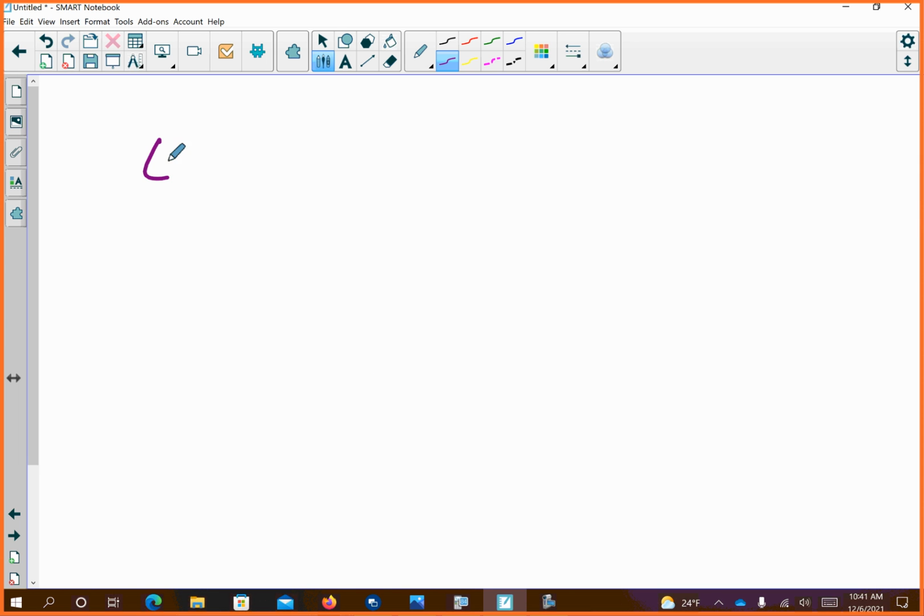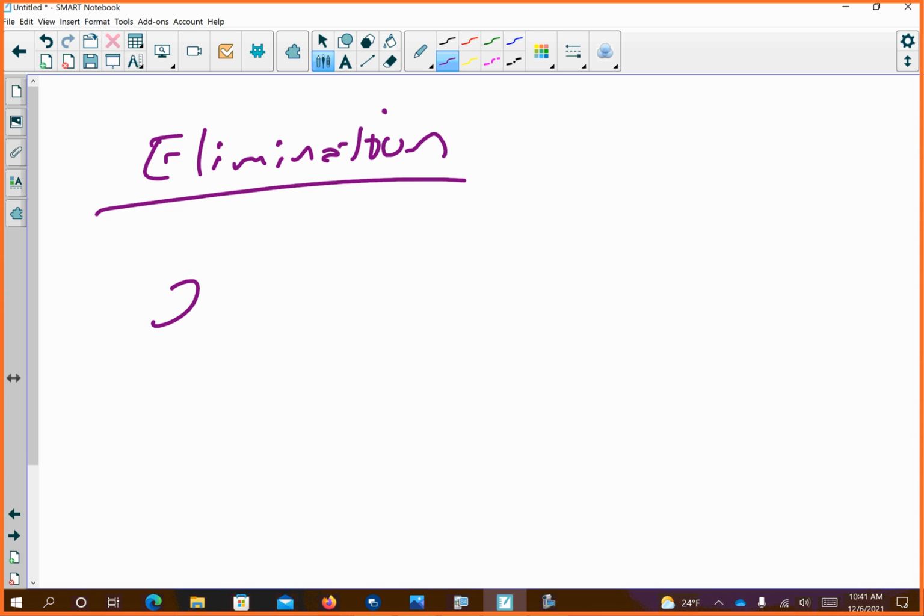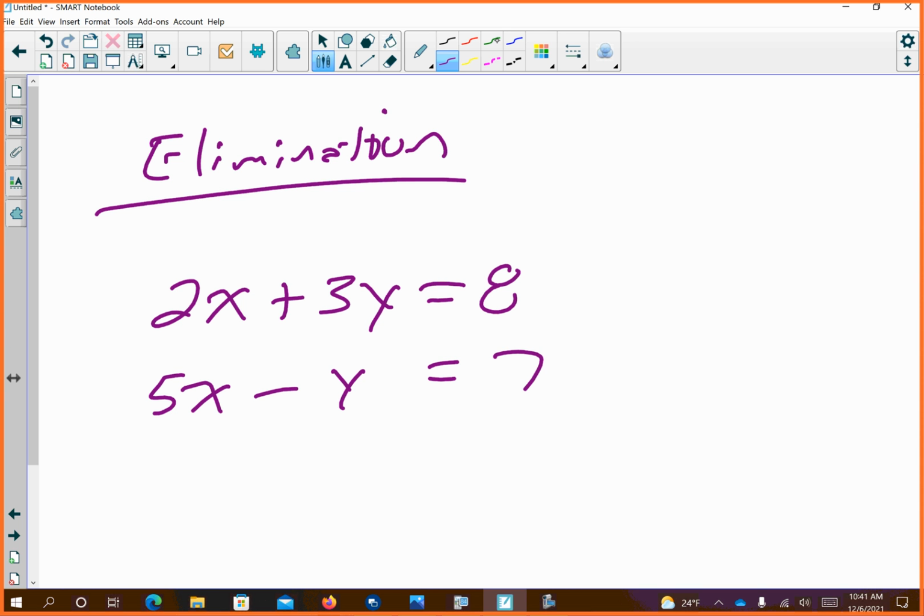And then we have the elimination. The elimination would be when we have two problems like this. So we have to think, do we want to get rid of x or y? I'd probably pick y, so I'd multiply this whole thing by 3. So the top equation doesn't change.